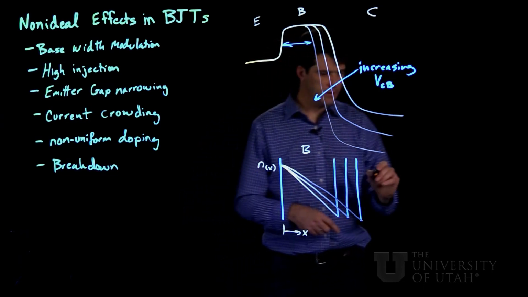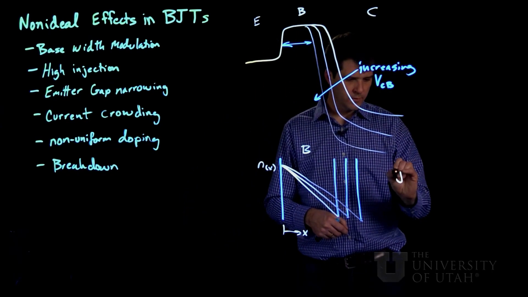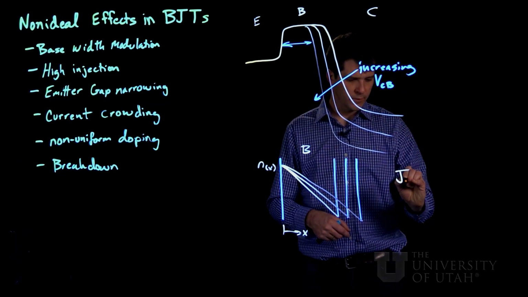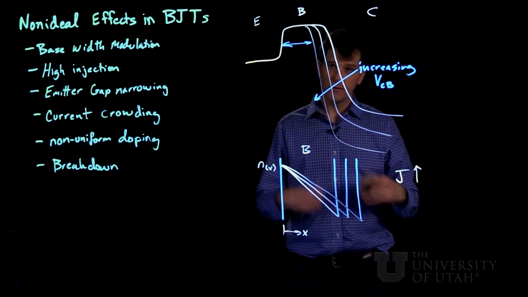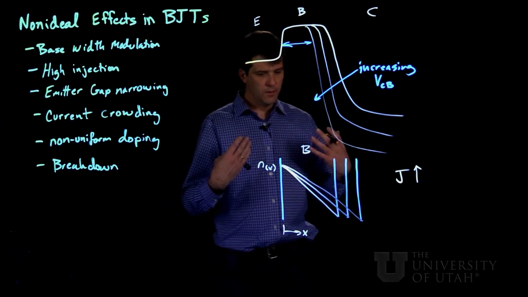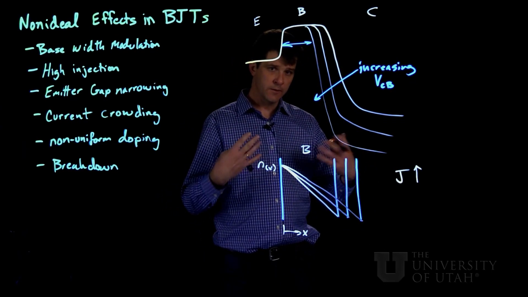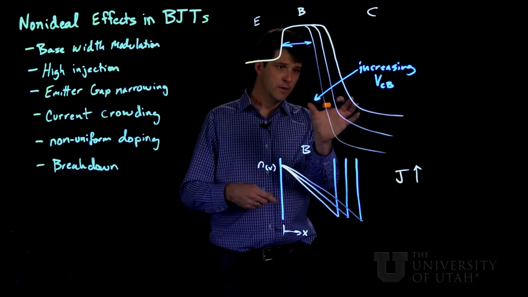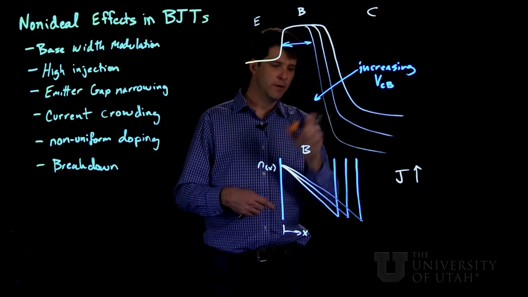So as the slope gets steeper, our diffusion current is going to increase. So we're going to get current which is increasing, and it's a function of the biasing between the base and the collector.